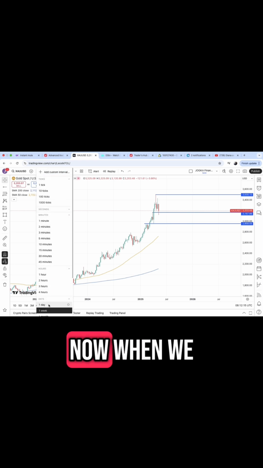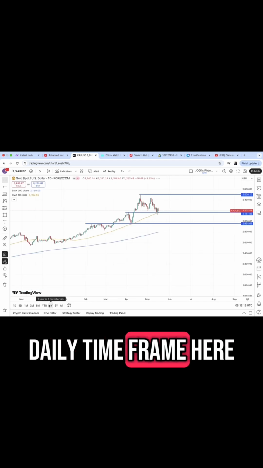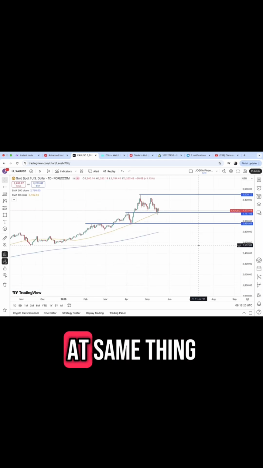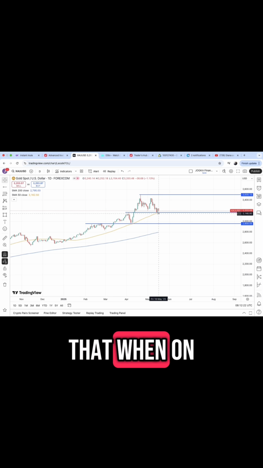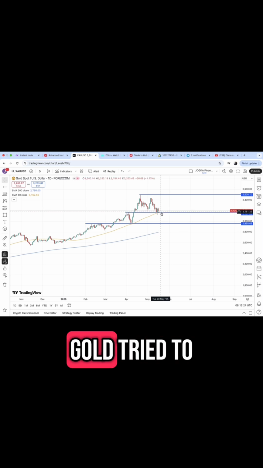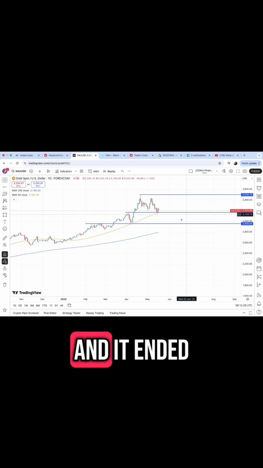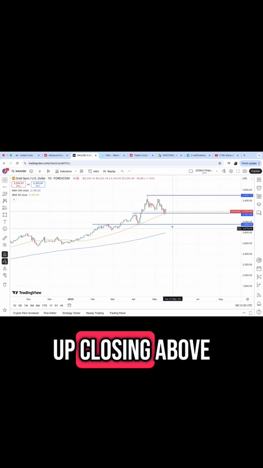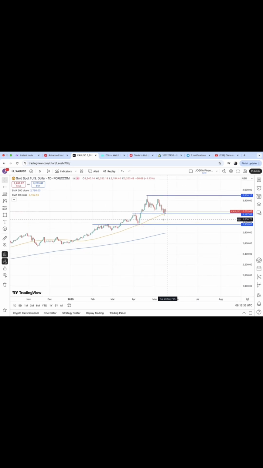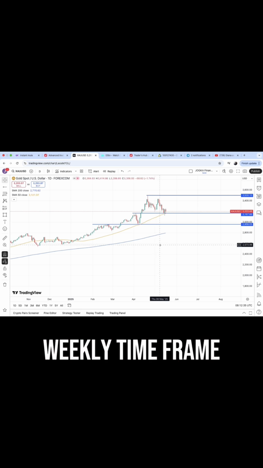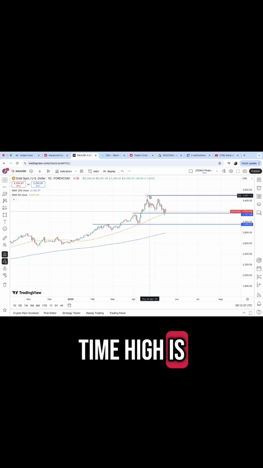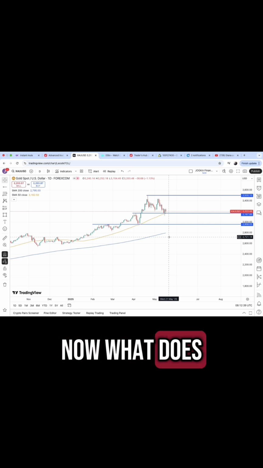Now when we go into our daily time frame, we are looking at the same thing: on Friday, gold tried to come down below our level of 3,167, and it ended up closing above this level. Remember, we marked these levels in weekly time frame, and our all-time high is around here. Now, what does this tell you?